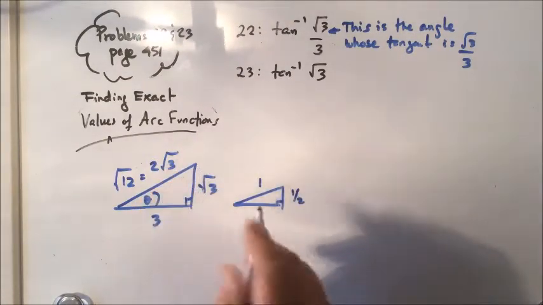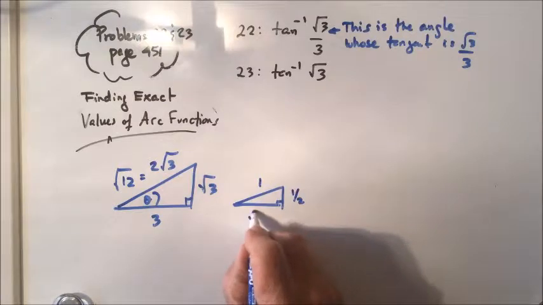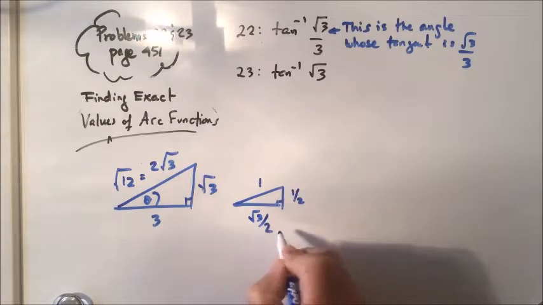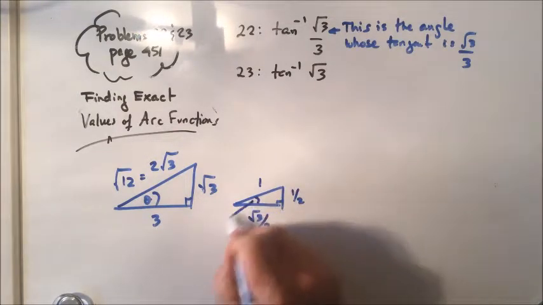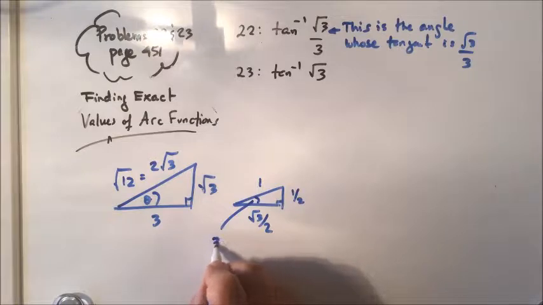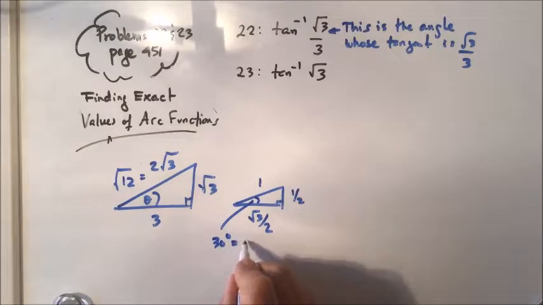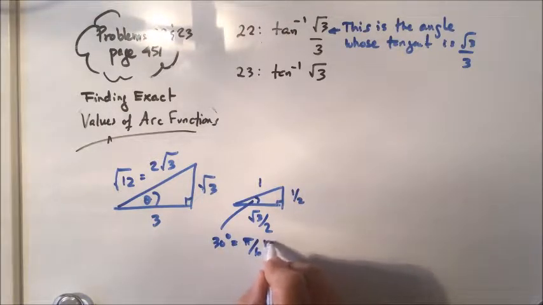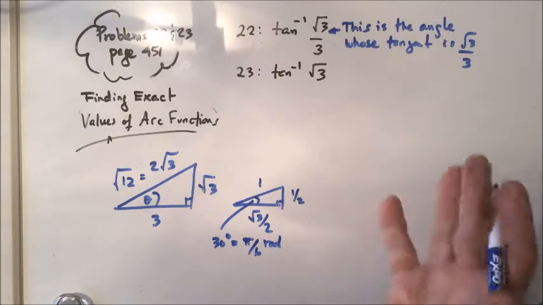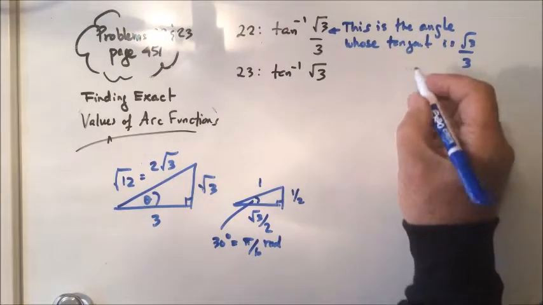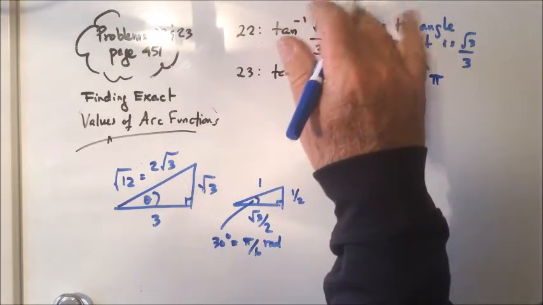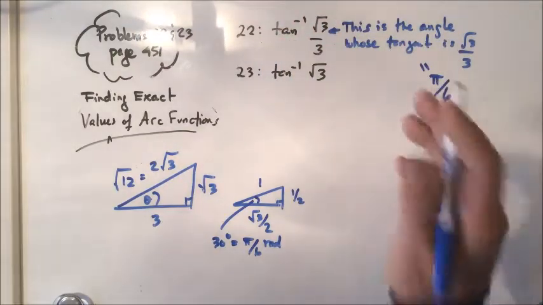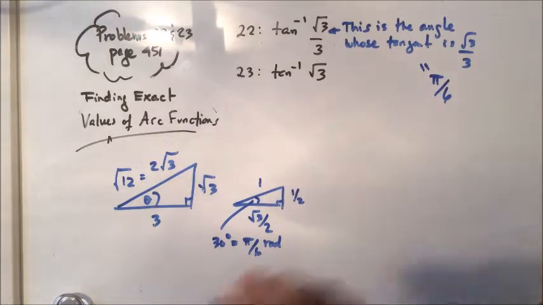And if I divide this side by 2 root 3, it's root 3 over 2. And now, maybe from your experience with unit circles, you recognize that as the 30, 60, 90 triangle, 30 degrees, or pi over 6 radians. And that is the answer to this question. This arc tangent of root 3 over 3 turns out to be pi over 6.